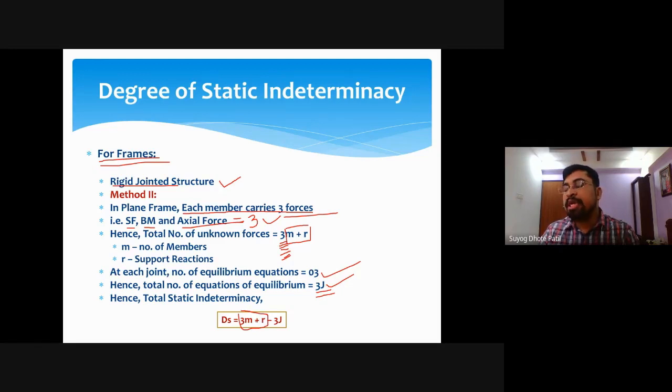We have the loading value. These 3 equilibrium equations we know: summation of x equal to 0, summation of y equal to 0, summation of m equal to 0. But these member forces plus the reaction forces we don't know. We have to calculate those forces later on depending upon the loading available.